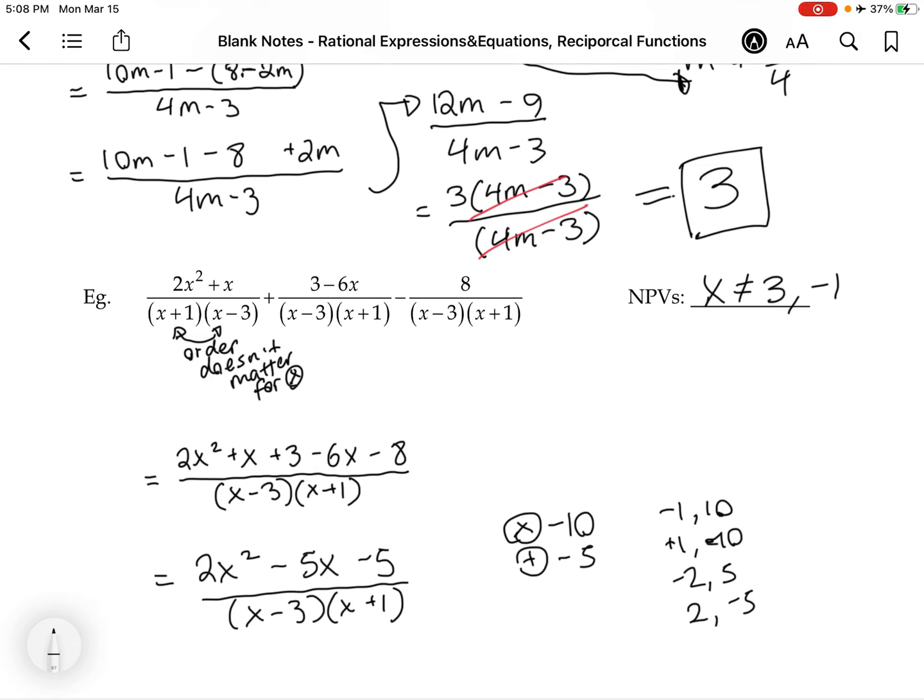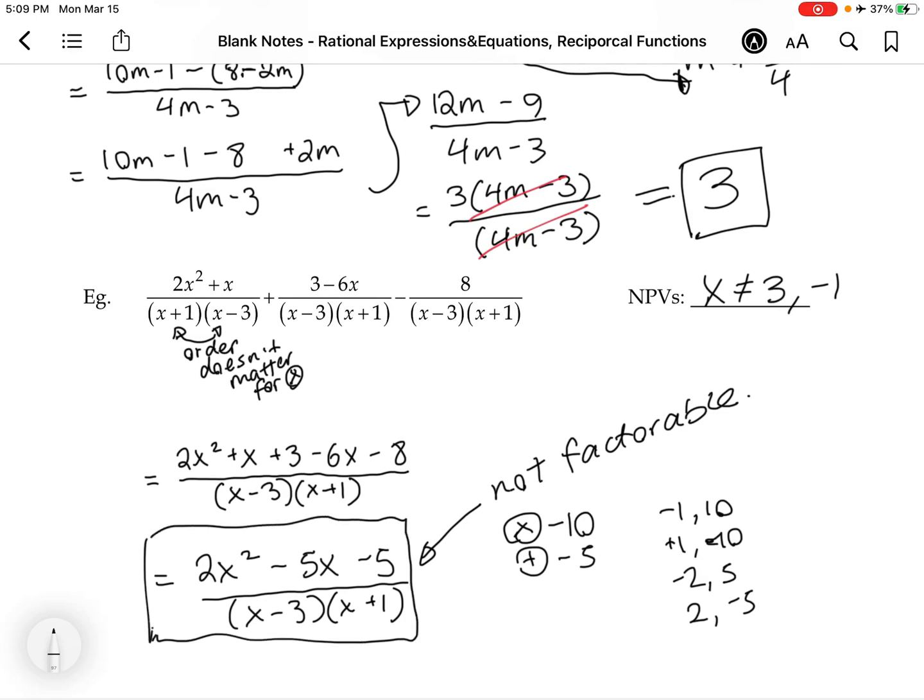Okay, none of those add to negative 5. So what that means is that this is not factorable. And our rational expression is fully simplified. Okay, so we are done.